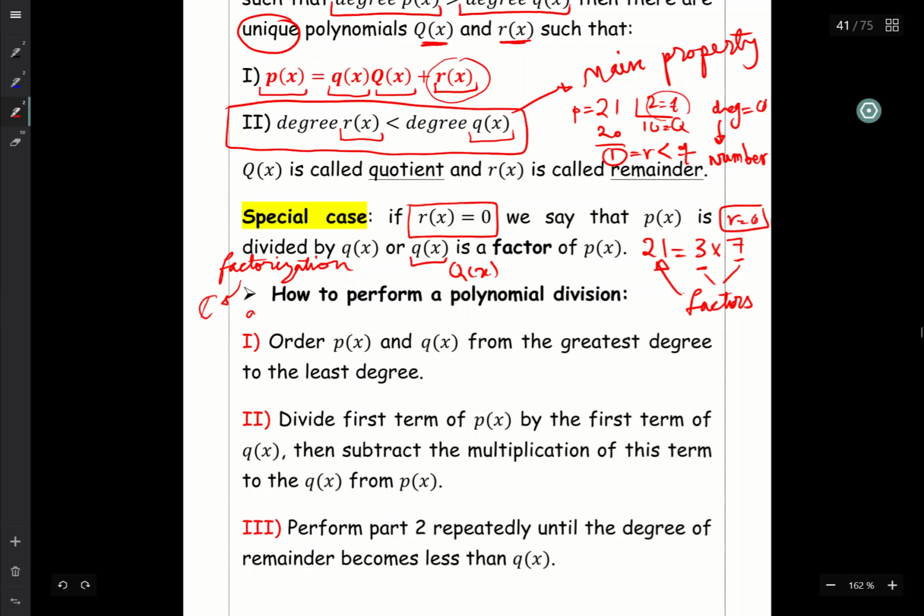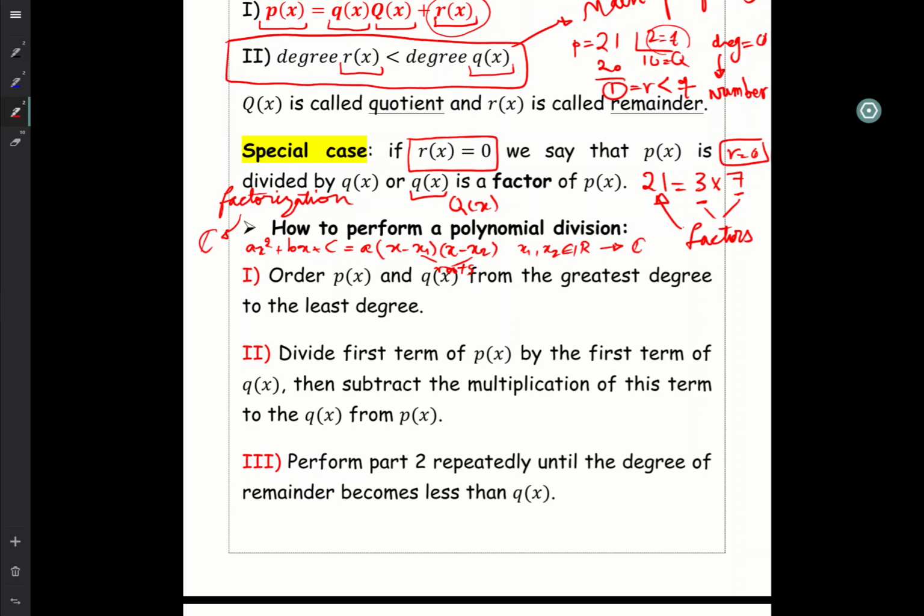We said that if you have ax squared plus bx plus c with two real roots, you can factor it in terms of (x minus x1)(x minus x2), such that x1 and x2 were the roots. But there we assumed that x1 and x2 are real numbers. Now this can be easily extended to complex numbers. So any polynomial can always be factorized.